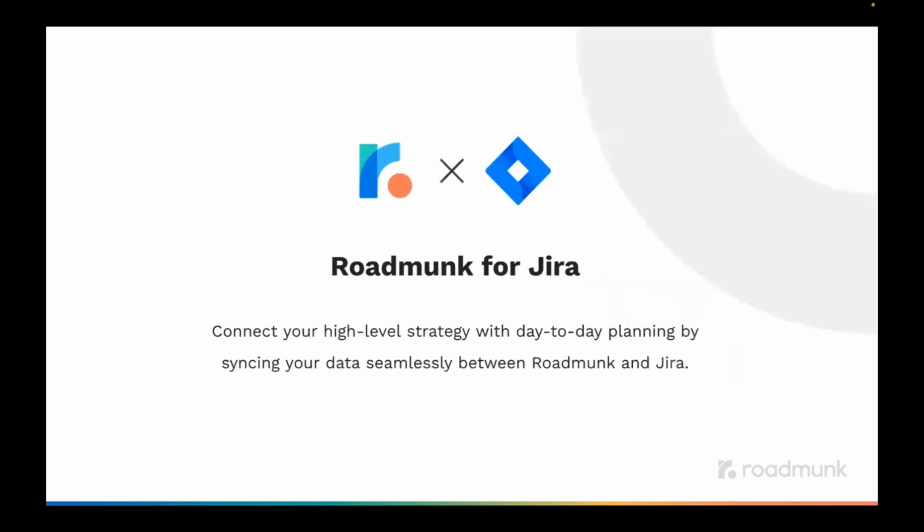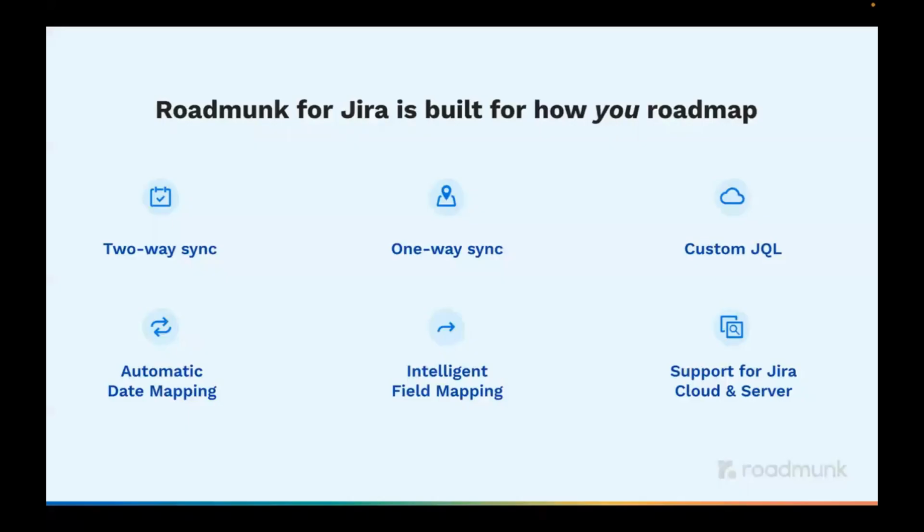So now let's get a little deeper into Jira specifically, and of course, dive into that demonstration in a little bit. Essentially, when it comes to RoadMonk for Jira, you get to connect your high-level strategy with day-to-day planning by syncing your data seamlessly between RoadMonk and Jira. Some of the benefits of building your roadmap utilizing Jira include two-way and one-way sync.